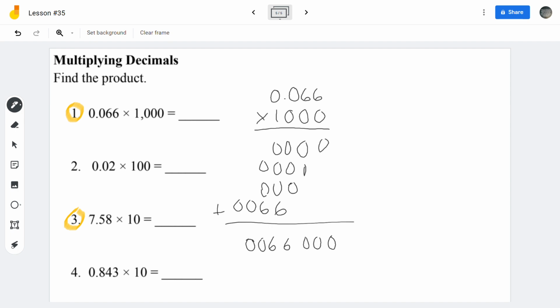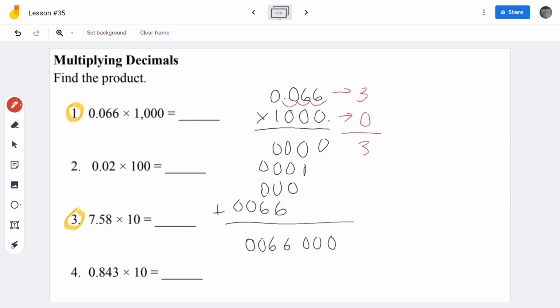Now keep in mind that we are multiplying by decimals, so our final step should be placing the decimal in our final answer. To find where we're going to place the decimal, we look at the first number that we used to multiply with, and we notice that the decimal place was moved 3 times. So I'm going to place 3 here. And there is no decimal in the thousands, or there is, but it has not moved, so it'll be 0.